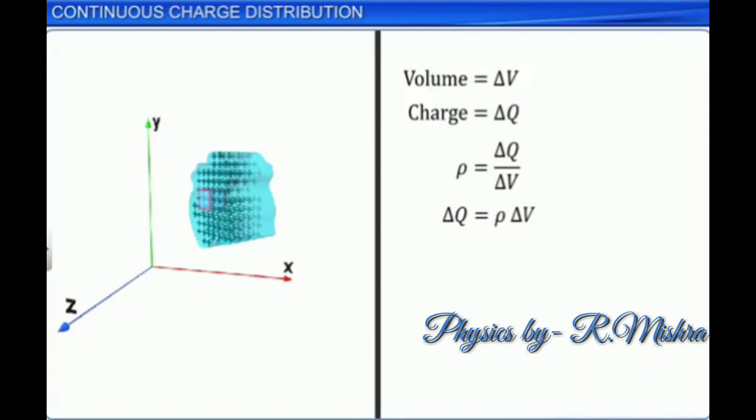The position vector of the volume element delta V with respect to the origin O is r.